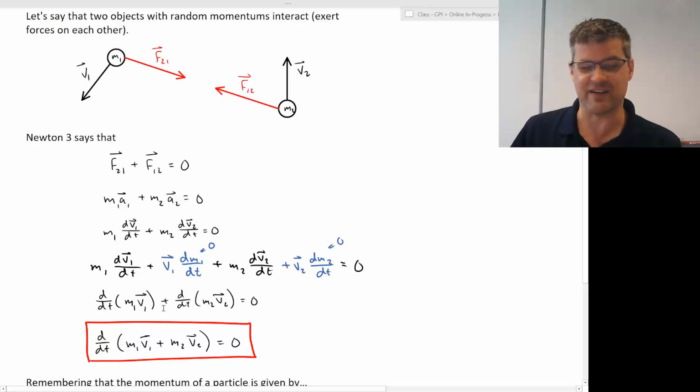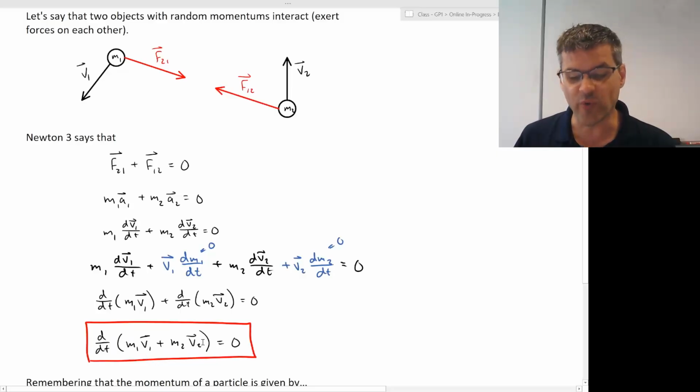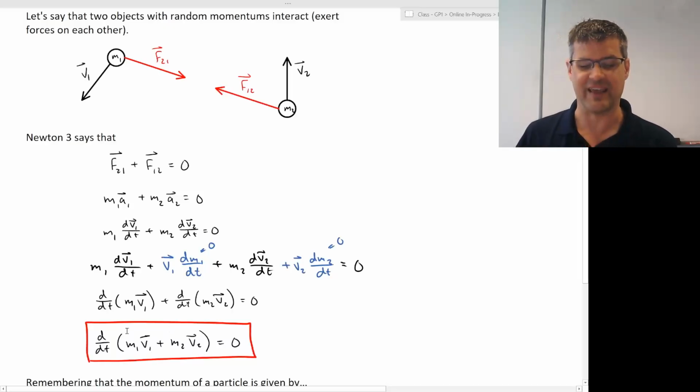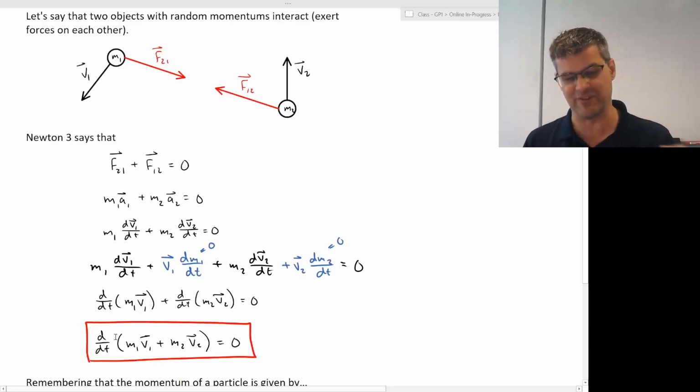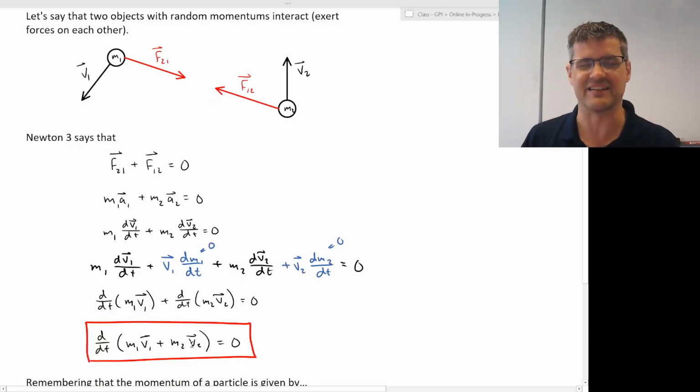And these masses aren't 0. These velocities aren't necessarily zeros. What has to be true is this total quantity of M1V1 plus M2V2 has to be equal to 0. It cannot change with respect to time. So the time derivative of these things has to be equal to 0. This quantity of the total momentum of a system has to be something called conserved.